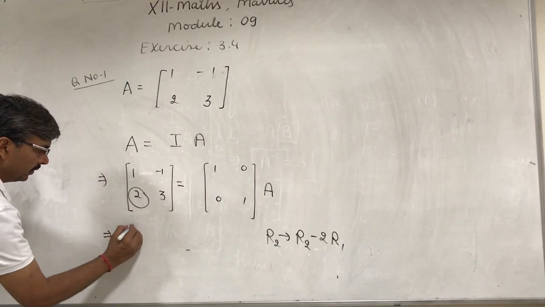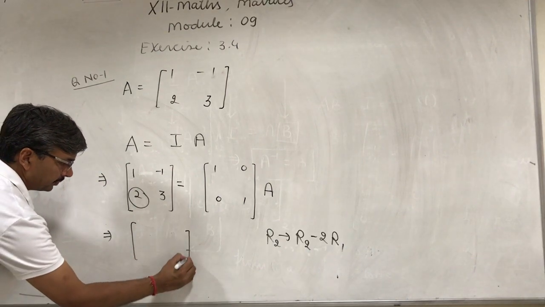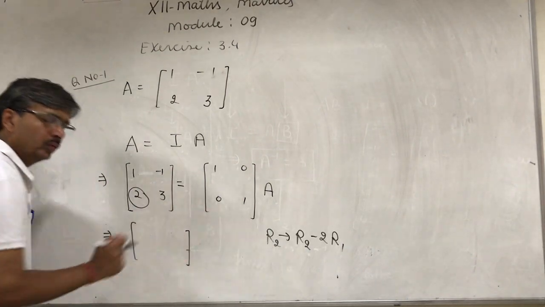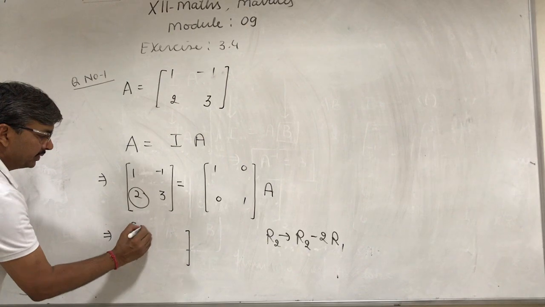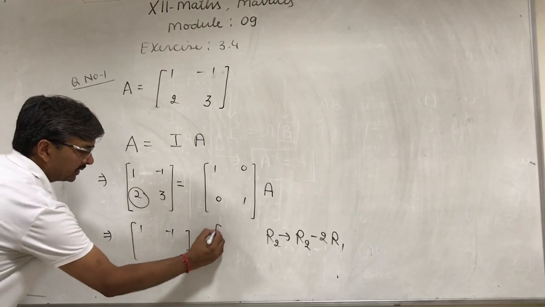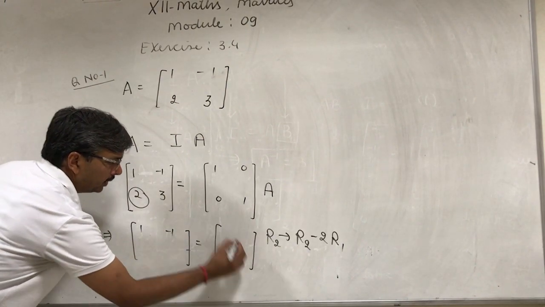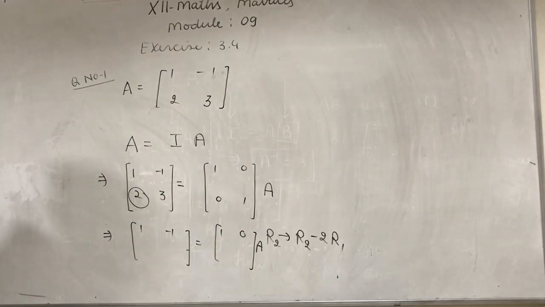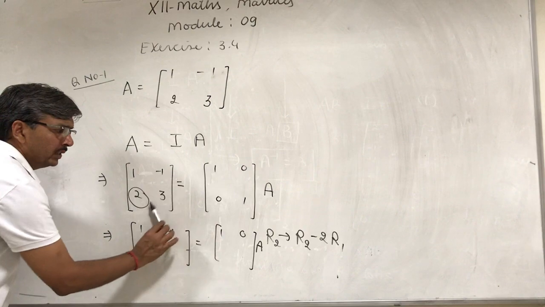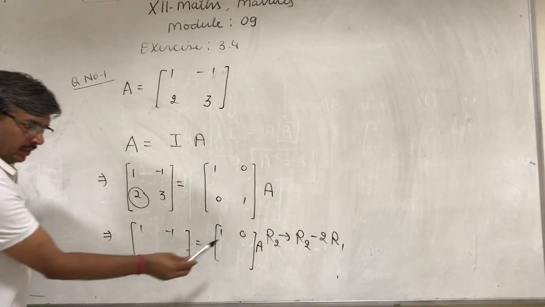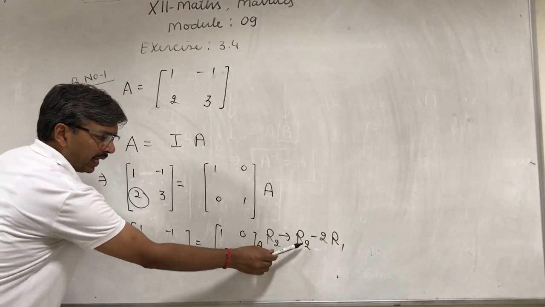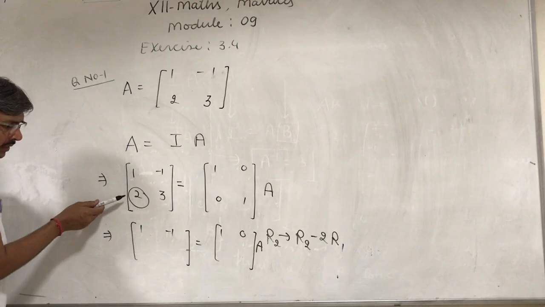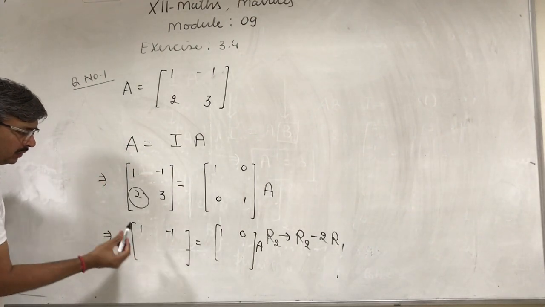Now see, we will change R2, so R1 stays as it is. On both sides, R1 as it is, [1, 0] into A. We will change R2 on both sides, and R2 will become R2 minus 2R1. See, 2 minus twice of 1 is 0.